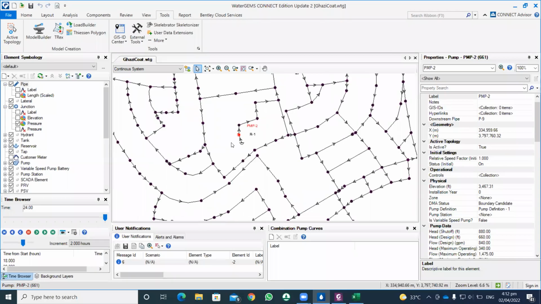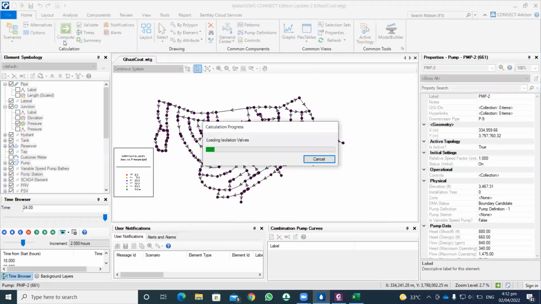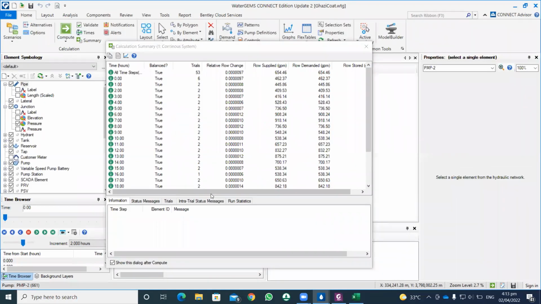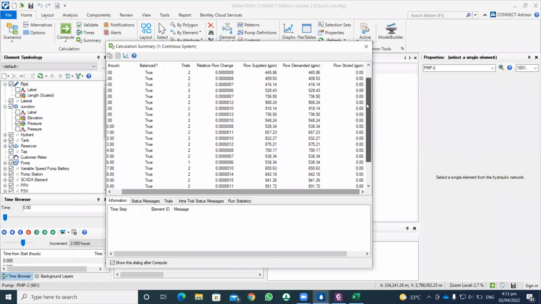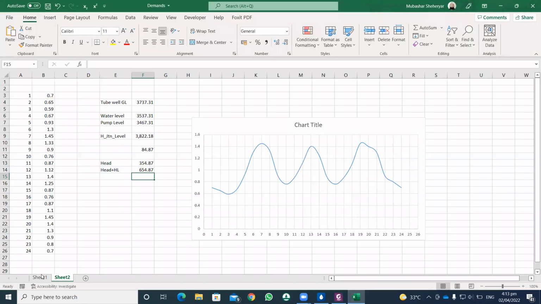And similarly, when I connect a pump and run a model, I may get a maximum value of 908 gallons per minute, or I can also use this maximum value.